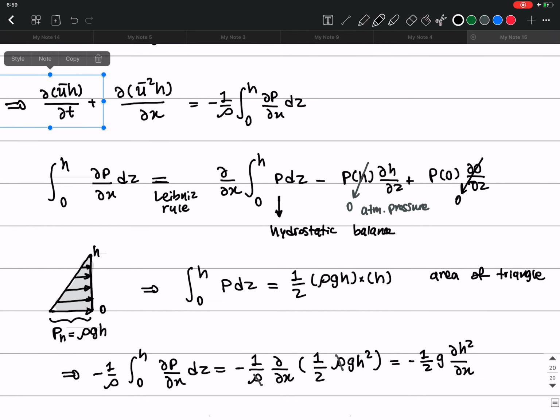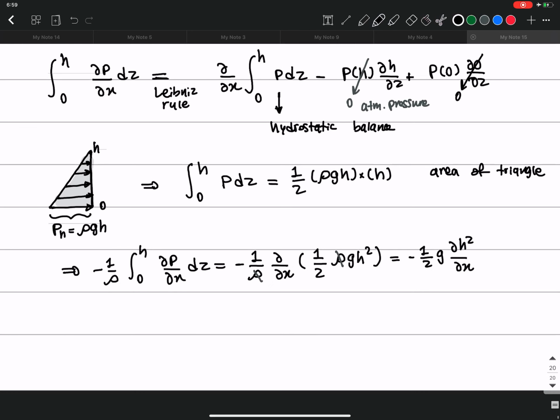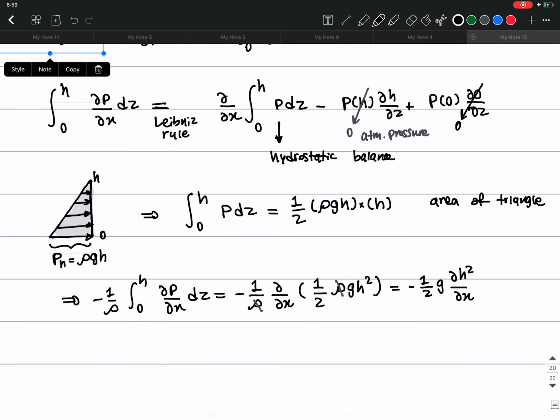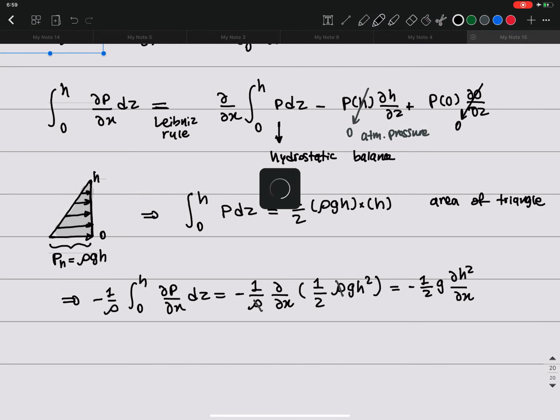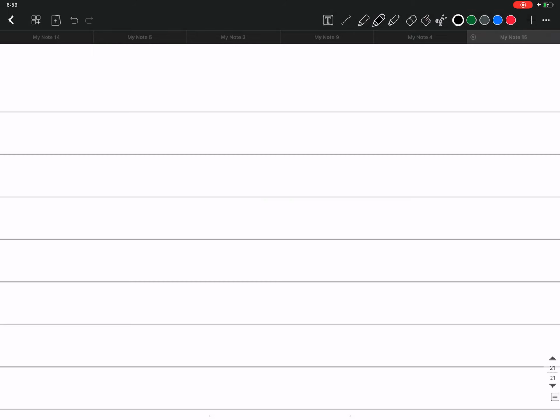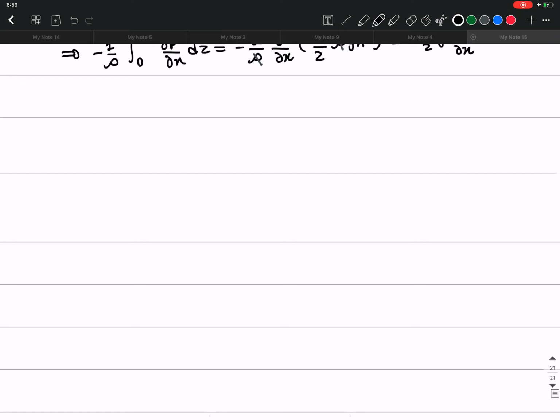And so this gives me the final form of the momentum equation. Let me write it down on the next page, the simplified form of the momentum equation.